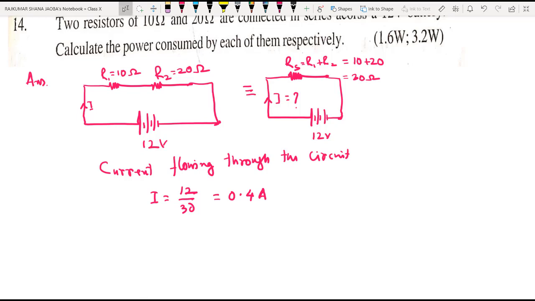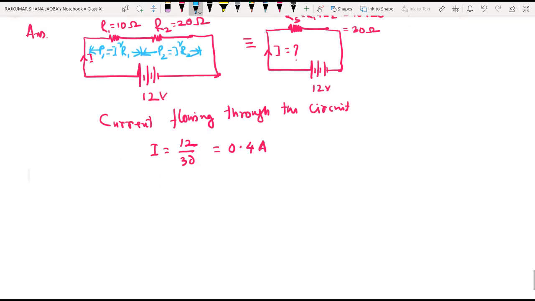The power consumed by the 10 ohms resistor is I square R1, and by the 20 ohms resistor is I square R2.